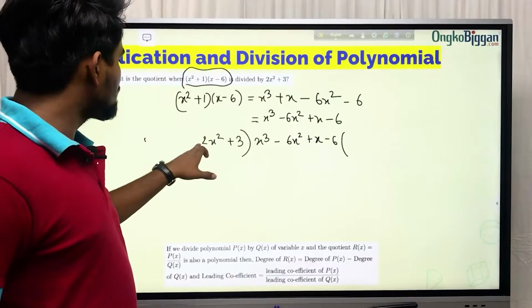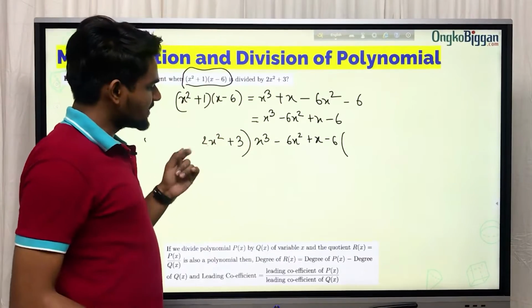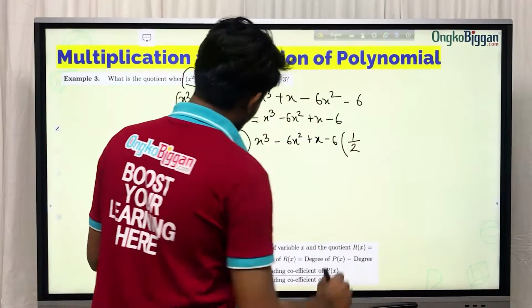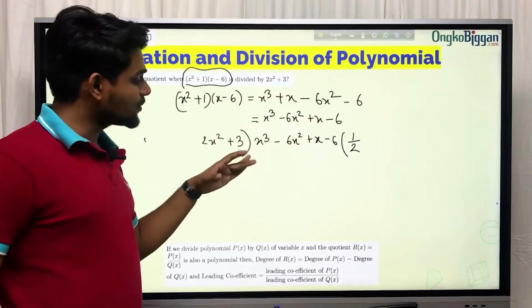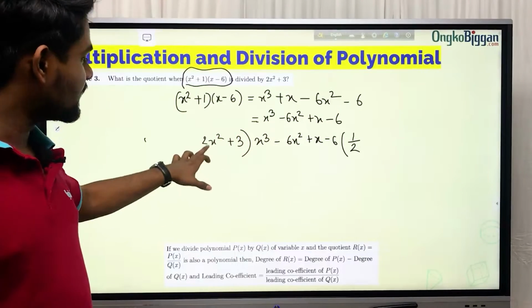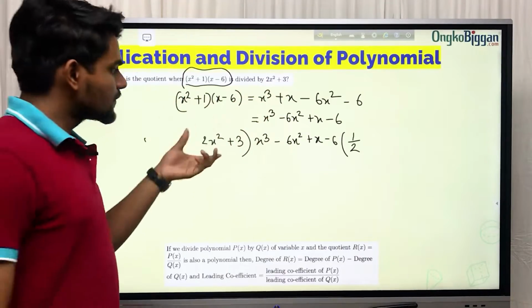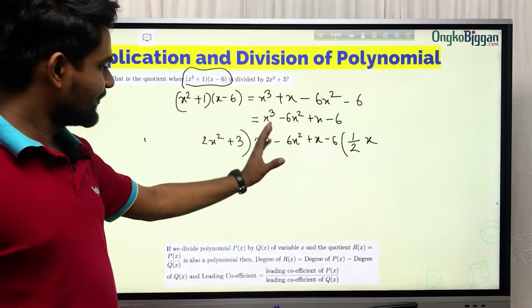So to make this 2x square go with this x cube, what we need to do is multiply it with half, and we also need to multiply it by x, because here we have 2x square, but the first term is x cube. So there is 1x that can be found as the resultant.